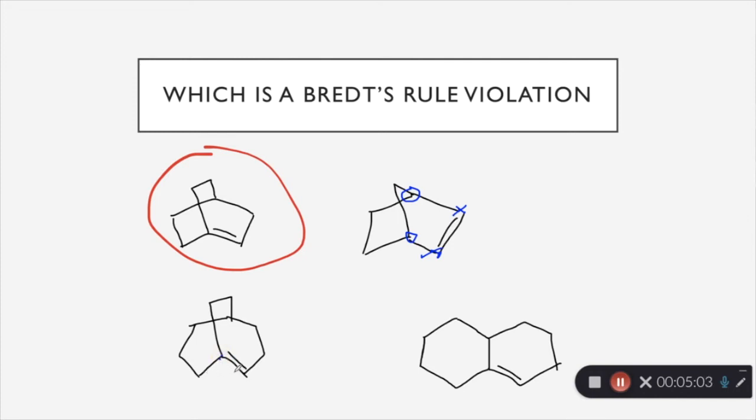It has 1, 2, 3, 4, 5, 6, 7, 8. And remember, Bredt's Rule says that 7 or less would make this a Bredt's Rule violation. So it is totally fine that this right here is trans because it is larger than 8 members. So this one right here is going to violate Bredt's Rule.